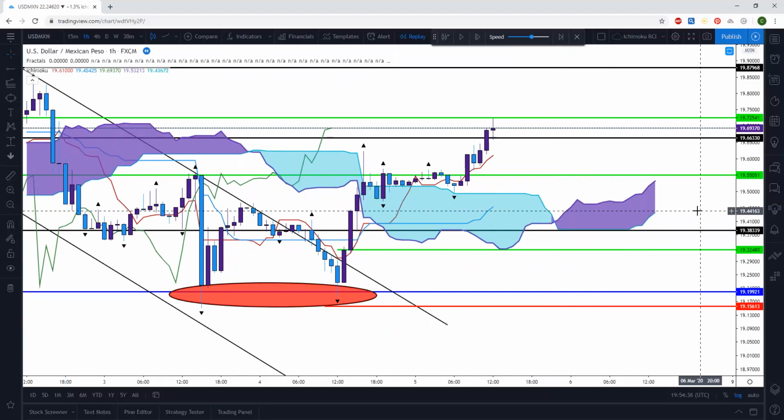Why y'all think I said there's another entry right here? I'll give y'all some time to think about it. But why would I put an entry right there? You mean at the doji? Yeah, right above it.